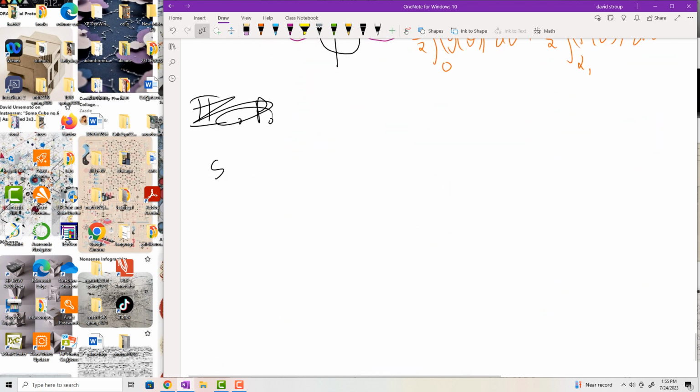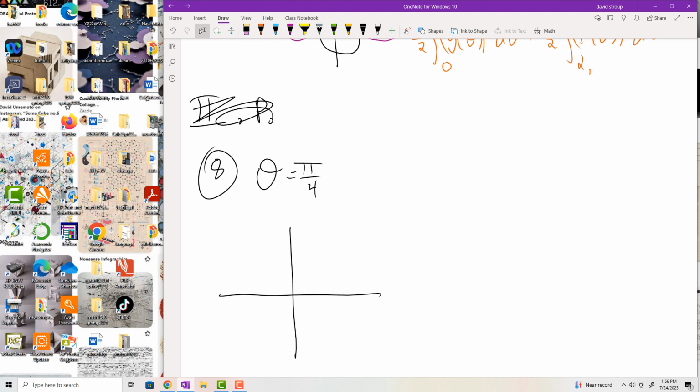And we'll look at number 8. So they're saying theta is pi over 4, and that's one equation. So theta is equal to pi over 4, and then r is allowed to vary over the real numbers. So what is that as a curve on our polar graphing paper here?